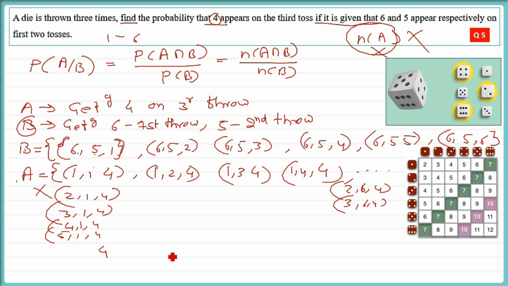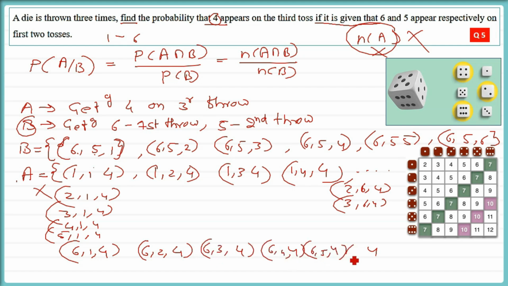In 6, 4 is fixed. Let me write 4 six times. Now the first and second can be 6 1, then 6 2, then 6 3, then 6 4, then 6 5, then 6 6, like this. Now you tell me whether it was required to write from 1 1 4 to 5 6 4. We don't need them.